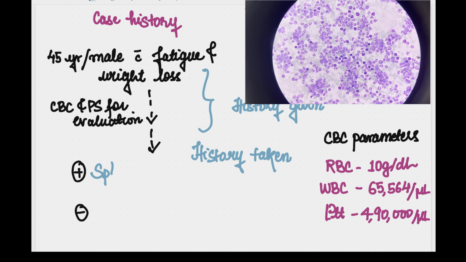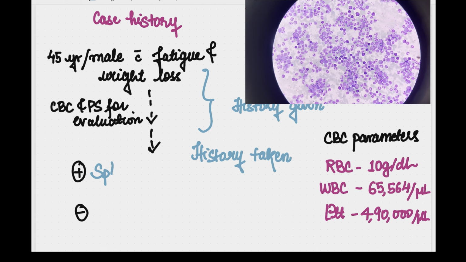This is again a magnified image of that smear. Before that, let's recollect the normal granulocytes or leukocytes that are normally present in the peripheral smear. What is this? This is a neutrophil. This with coarse brick red granules is an eosinophil.